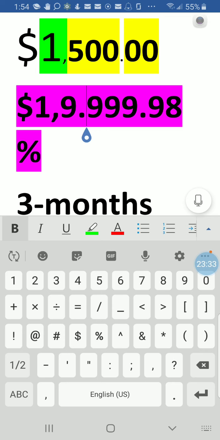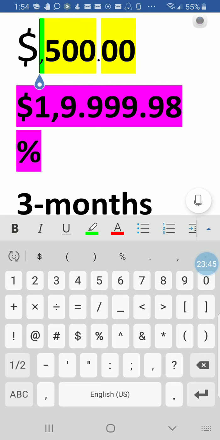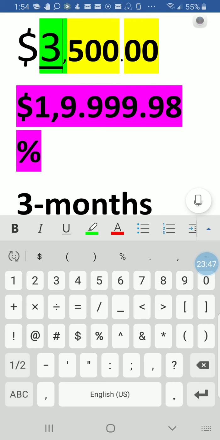About how much money do you think that would be for every 3 months? I got 3 months right here, so let's just say on average it would be 3,500 right there.